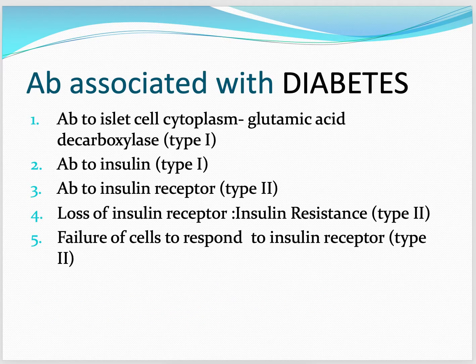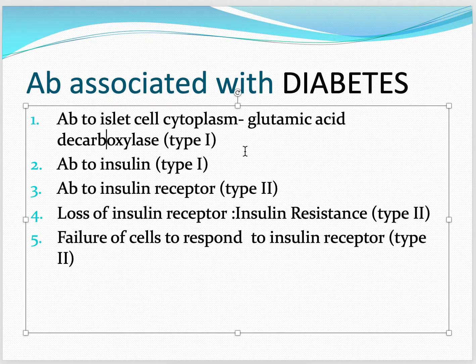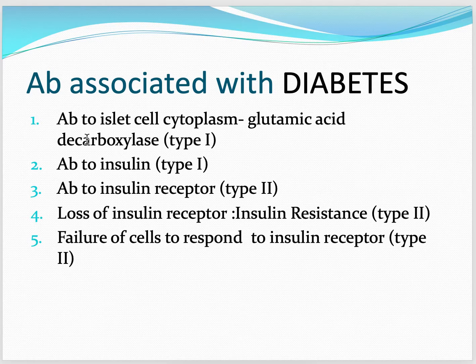Let's try to learn about the antibodies which can cause diabetes. These are some different antibodies associated with diabetes. For example, one, antibody to islet cell, that is, antibody against the islet cell. They can cause type 1 diabetes.